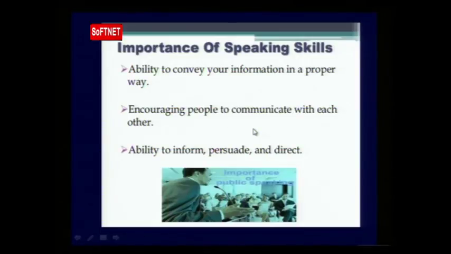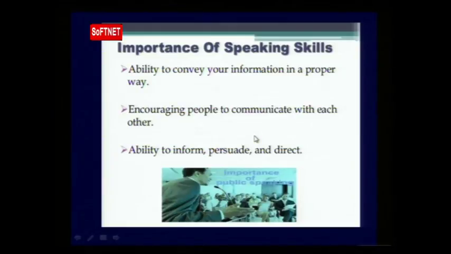We find that the ability to convey your information in a proper way. Whatever information we get, either through listening or through reading or through writing, we are supposed to convey the information in a very proper and appropriate manner. The second importance is you encourage people to communicate with each other.